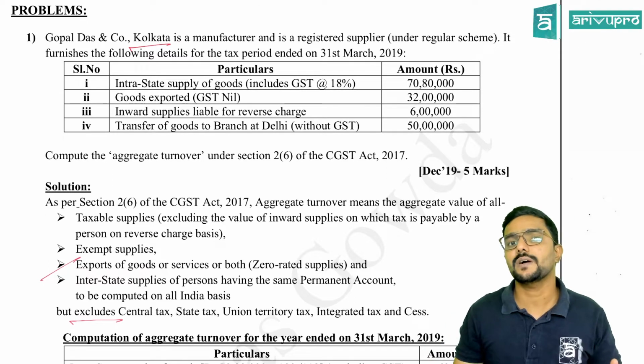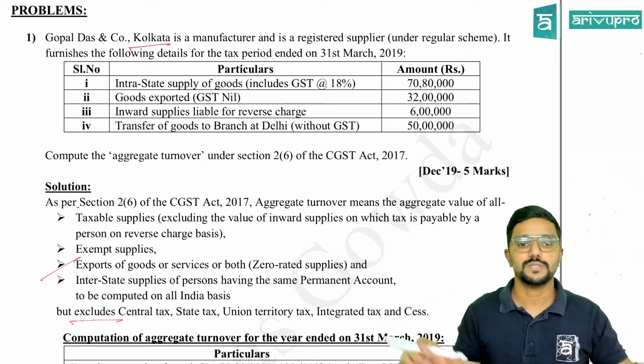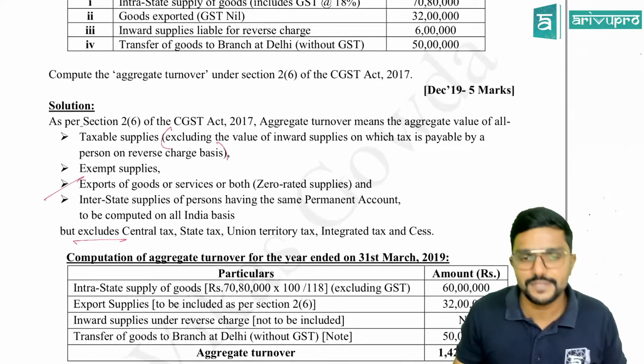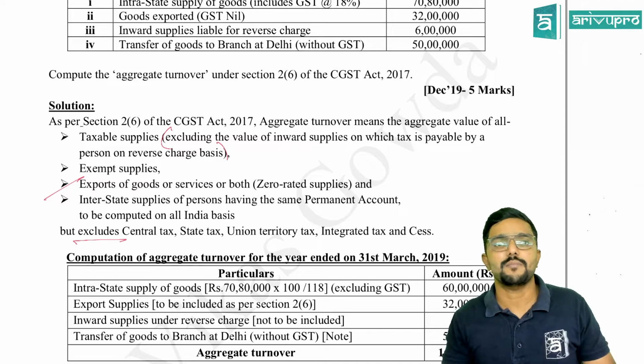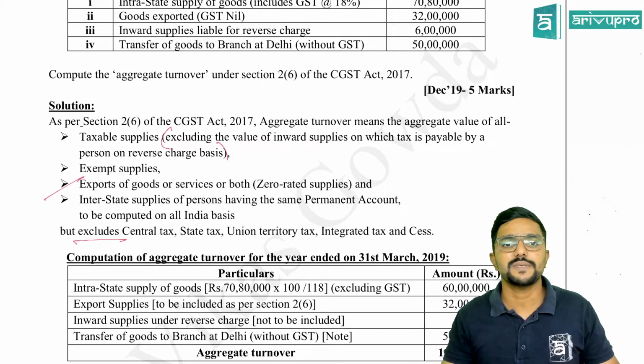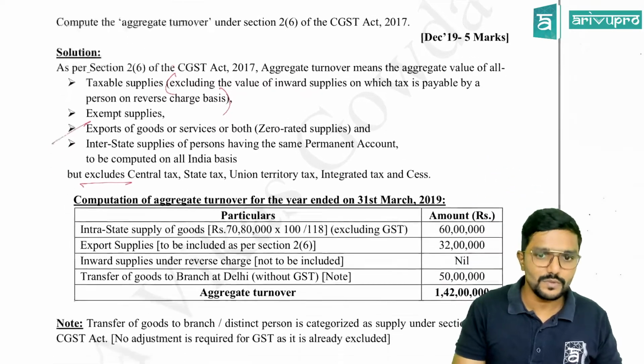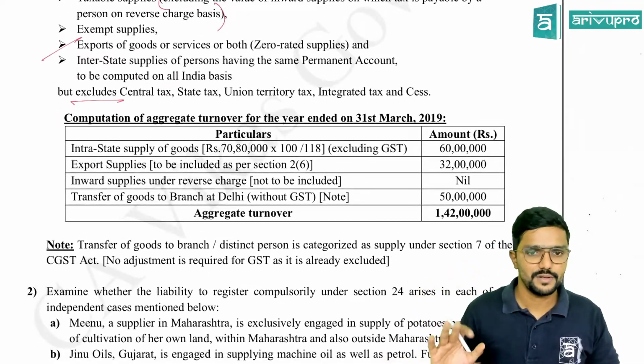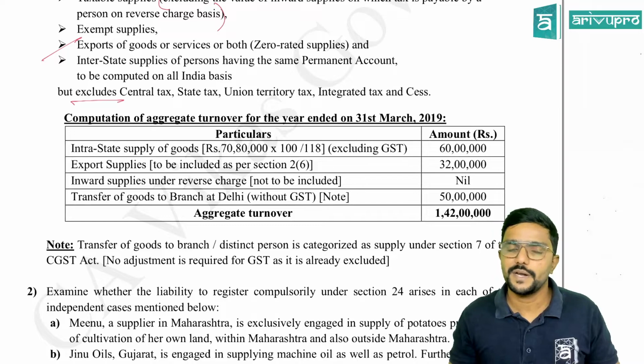Should it be included in their turnover? No, sir. In the bracket you can see, excluding the value of inward supplies on which tax is payable by the person on reverse charge basis, it has to be excluded. Simple: only outward supplies should be taken. Not to be included, nil.